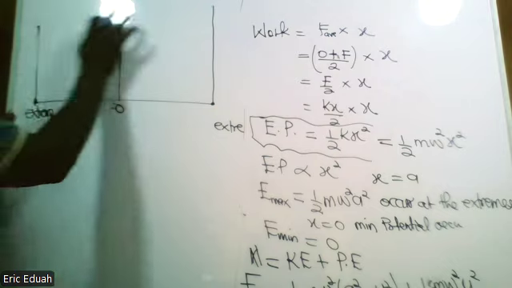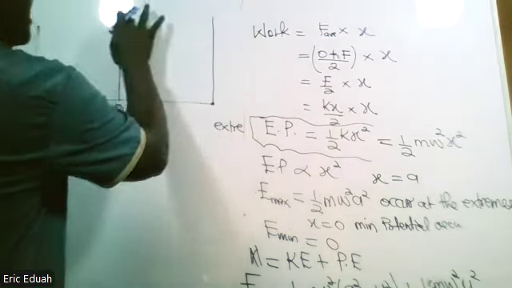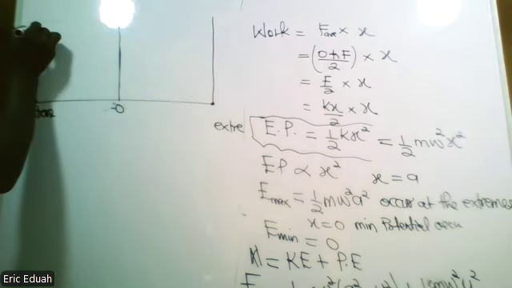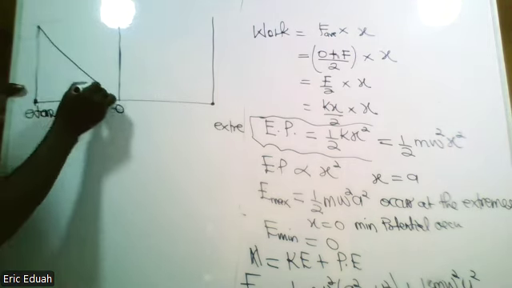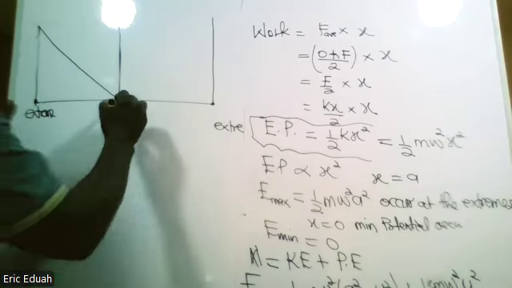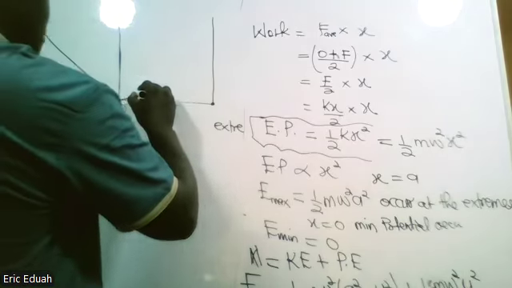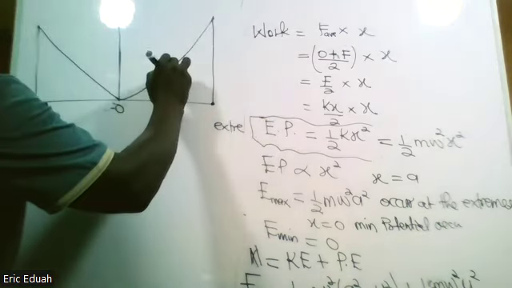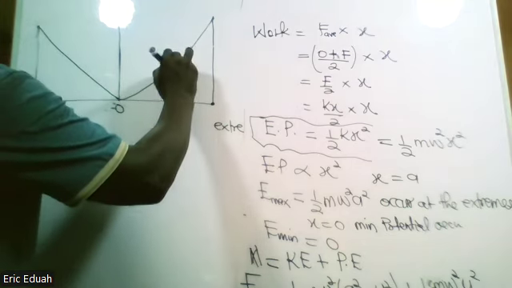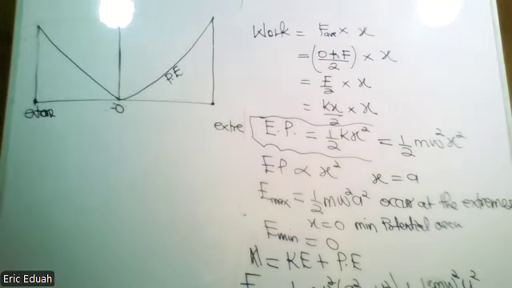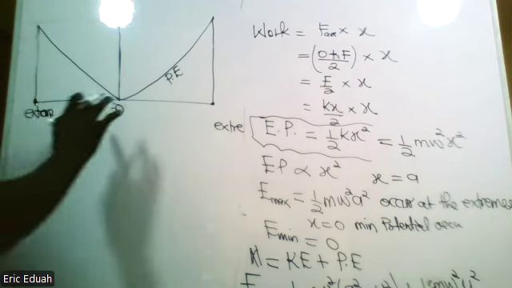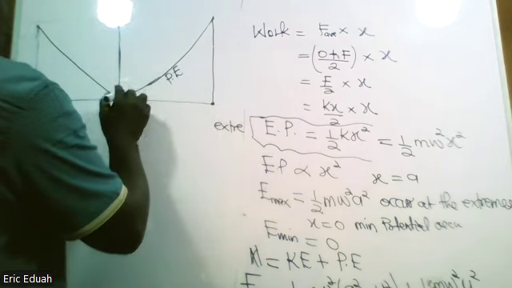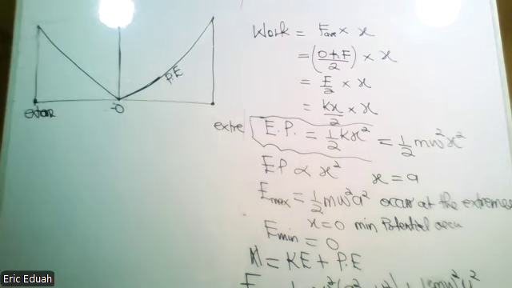So for PE, it is maximum at the extremes and minimum at the mean points. So this is the potential energy.